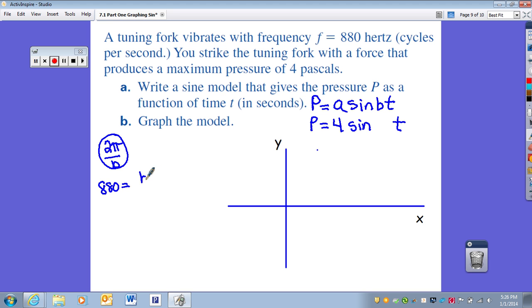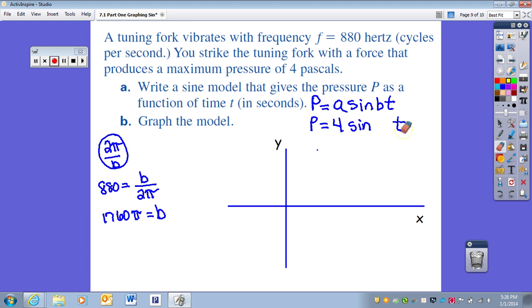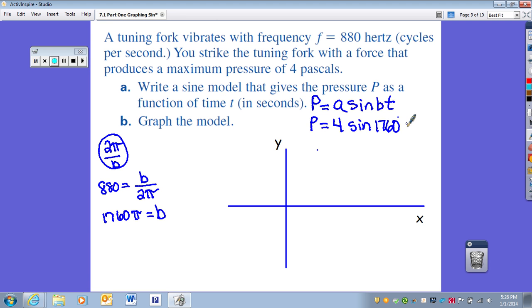So that's going to be B over 2 pi. And this is the way that we can solve for B. We now can multiply both sides by 2 pi. And when we do that, that's going to give us 1,760 pi is equal to B. So we're going to fit that right in there into our function. 1,760 pi is our B value.